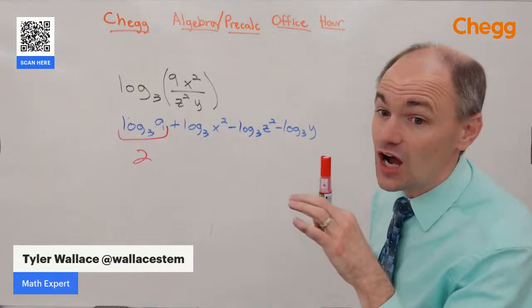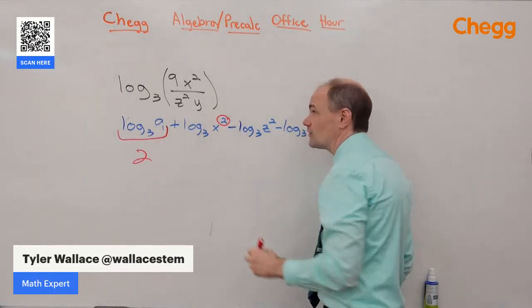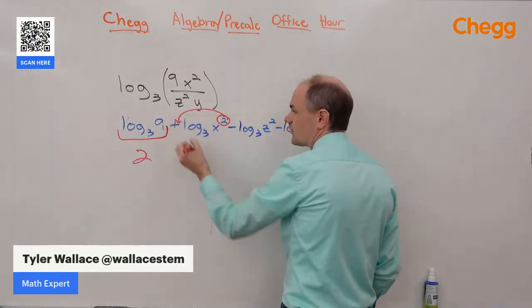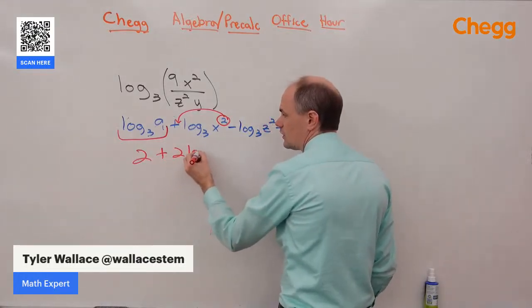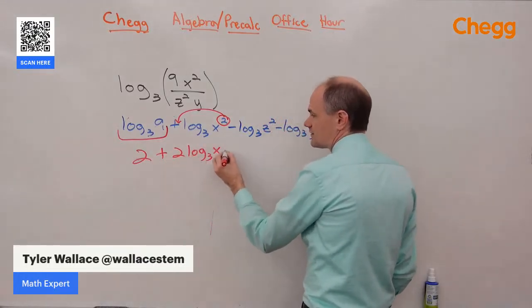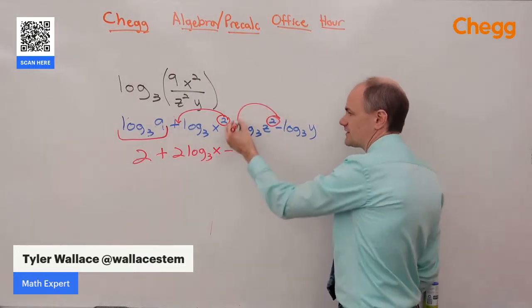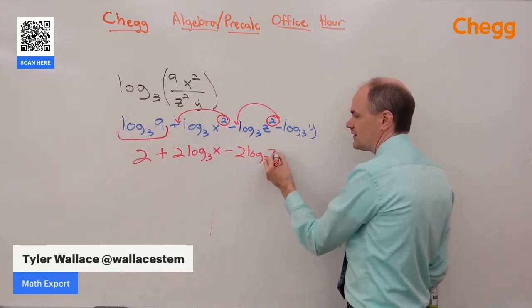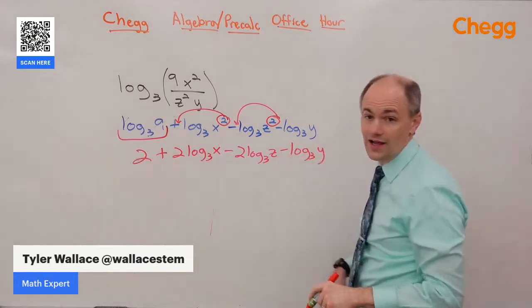The other nice and often used property of logarithms is that an exponent inside of a logarithm can come out in front of the logarithm. So we're going to say plus 2 log base 3 of x, minus, exponent comes out in front, 2 log base 3 of z, minus log base 3 of y.